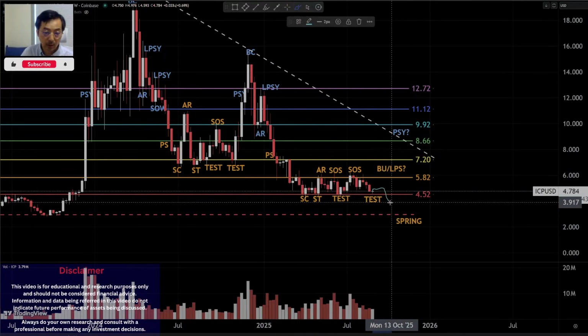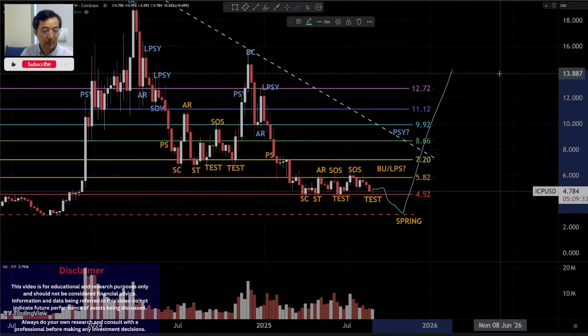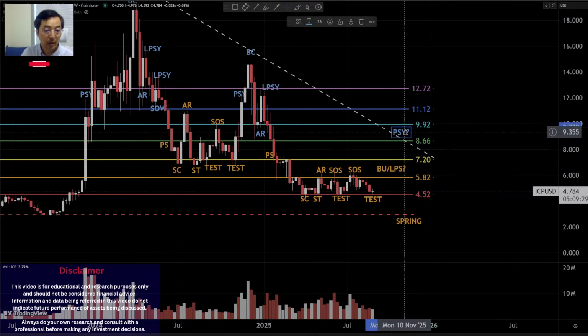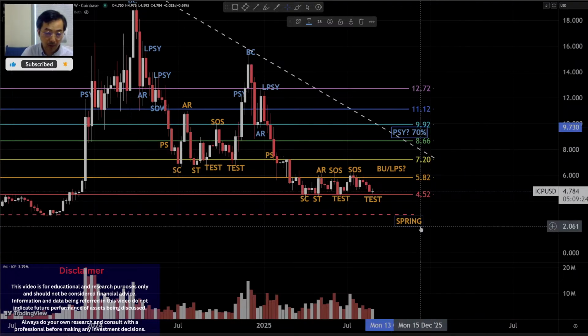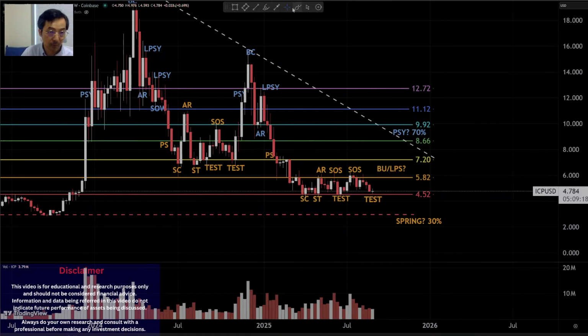So it can still come down, do a very deep test to check out whatever small fish are still there, and then that's when the next move happens. While we hope for a high percentage chance over here, don't be surprised if it goes down first before it goes up.